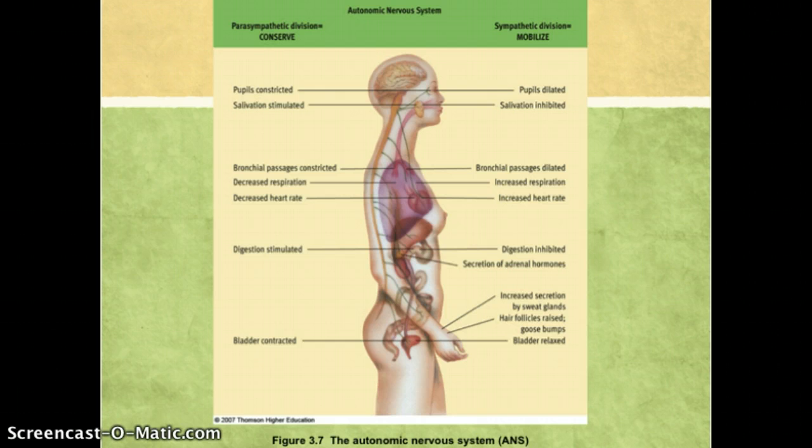Another thing about the parasympathetic mode is your bladder is contracted, and that means that you're not peeing your pants right now. That's a good thing.